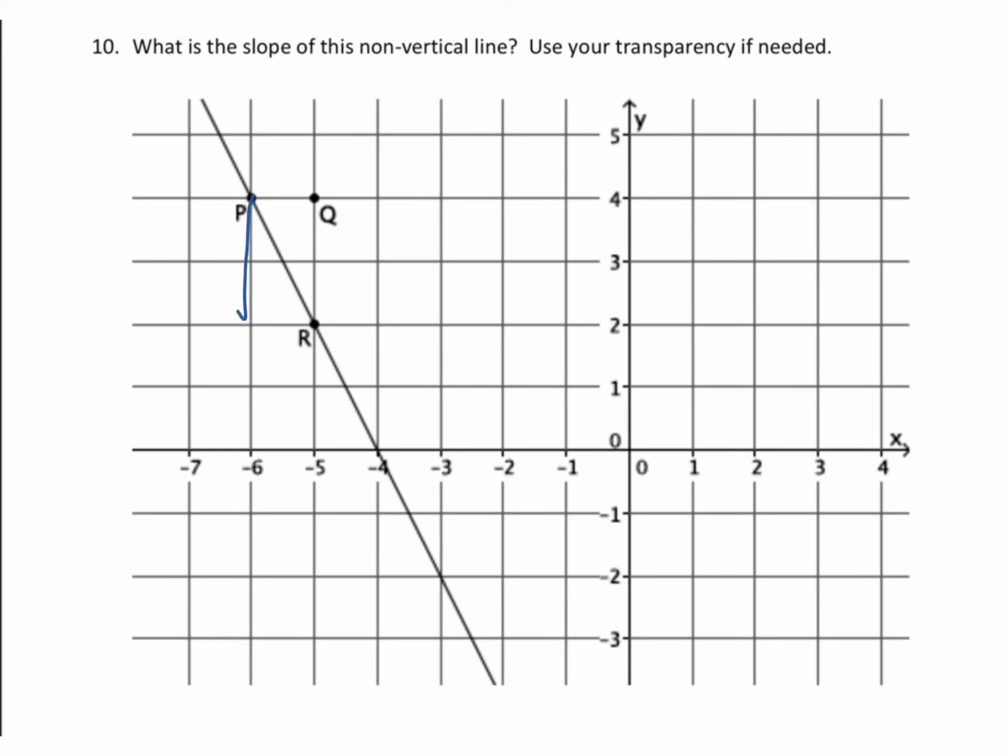Starting left, we go down and right. This time I went down 1, 2, and right 1. So M has to equal negative 2.